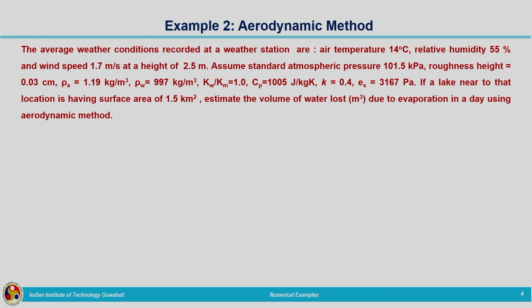The average weather conditions recorded at a weather station are air temperature 14 degrees Celsius, relative humidity 55% and wind speed 1.7 meter per second at a height of 2.5 meters.